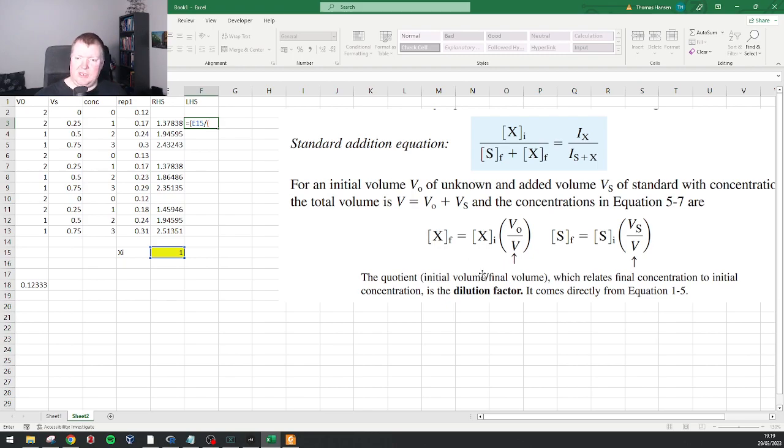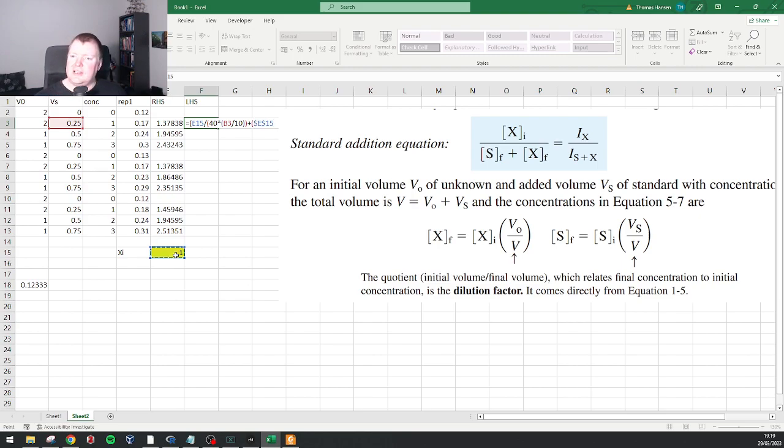So that would be 40 milligrams times my VS over 10 because that's my total volume. And I then want to add my XF. And the way I calculate my XF is, need to get this right. I take my XI.